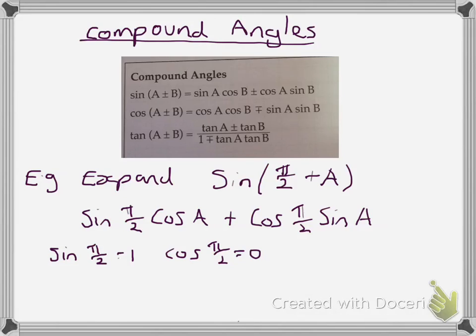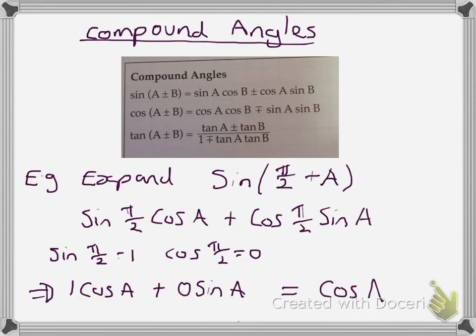Because sine of 90 degrees is 1, I can now write sine of pi over 2 cos A as simply 1 cos A. Cos of pi over 2 sine A is going to be 0 sine A. Obviously we don't write 1 cos A, and 0 times anything is going to be 0, so simplifying that, I get simply cos A. Nice and tidy.